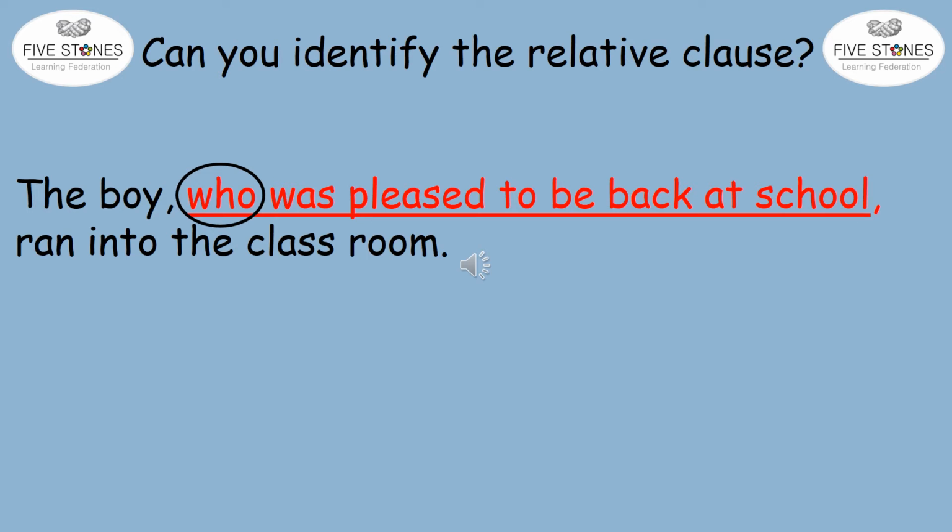The relative clause is who was pleased to be back at school, and the relative pronoun is who. Can you tell somebody who our relative clause is referring to? That's right, well done. It's referring to one of the nouns in our sentence, boy.